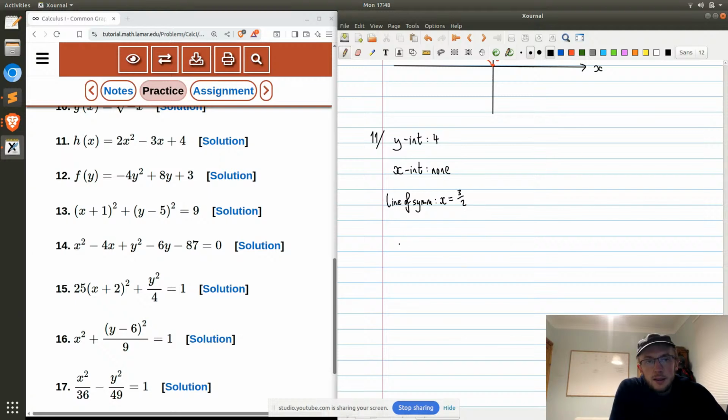And then input. 3 over 2 squared is 9 over 4. So we get 18 over 4. So 4.5. 4.5 take 9 over 2 is the same thing as 4.5 take 18 over 4. Wait, what?